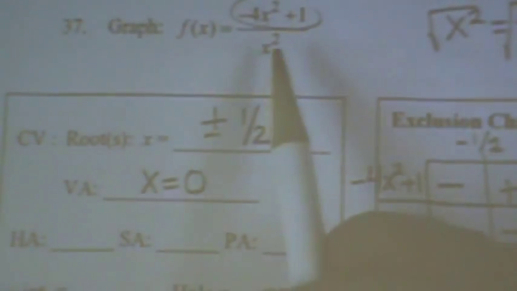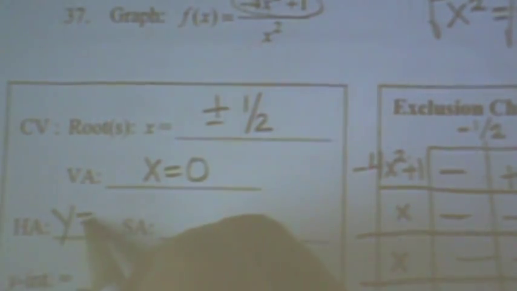Where are my roots? If we figured them out to be -1/2 and +1/2. Our vertical asymptote is x equals 0, which is your y-axis. The degrees are the same. You have a 2 here and a 2 here.